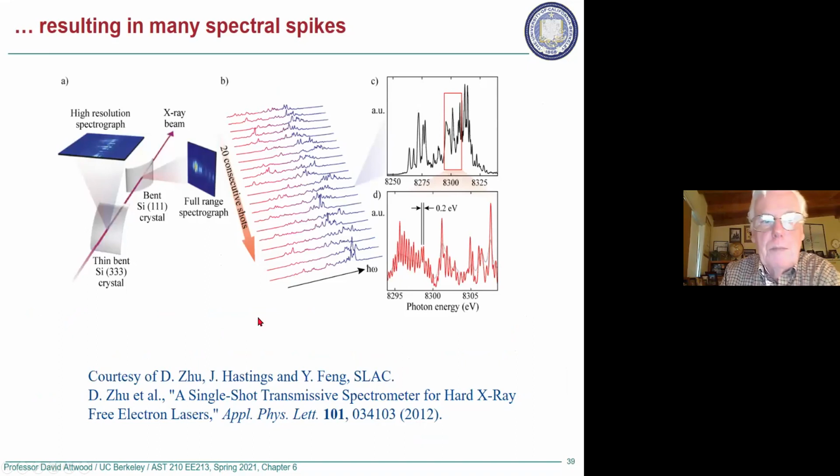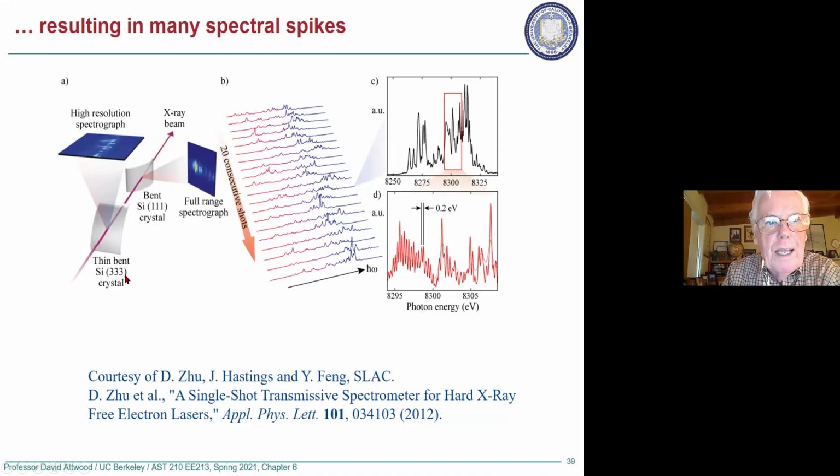So this is some data. This is published, in which they're showing here 20 consecutive shots, and this is the spectrum that they've measured. The X-ray beam that comes out of the FEL goes through two crystals. It goes through one and scatters off another one.